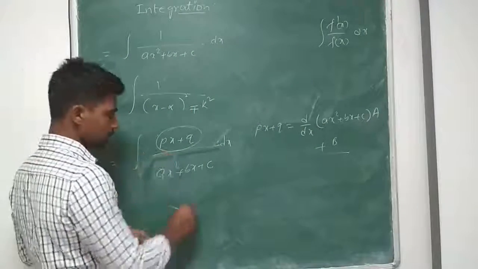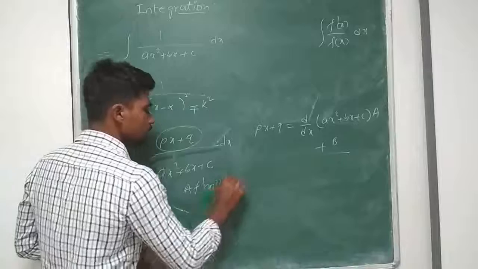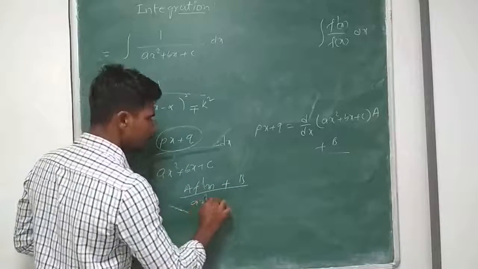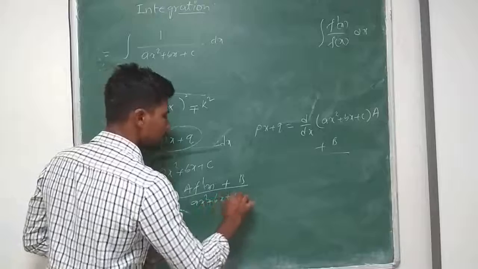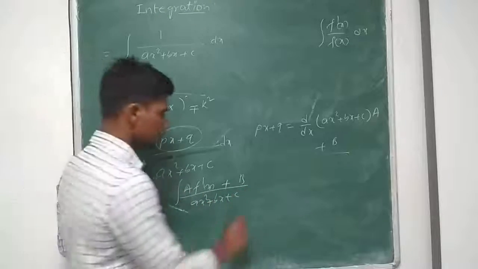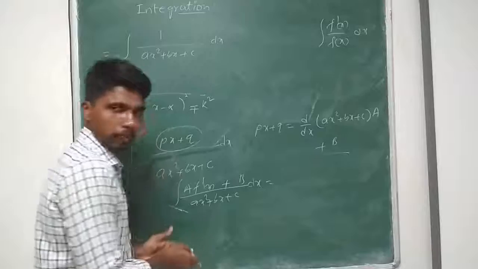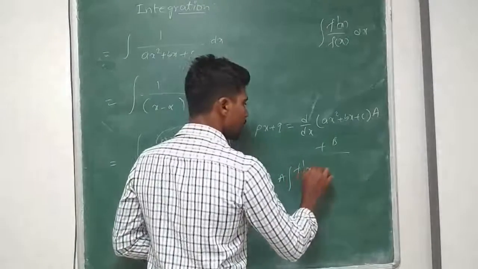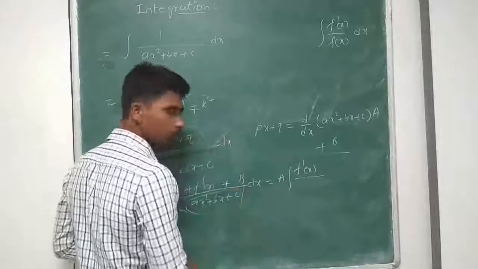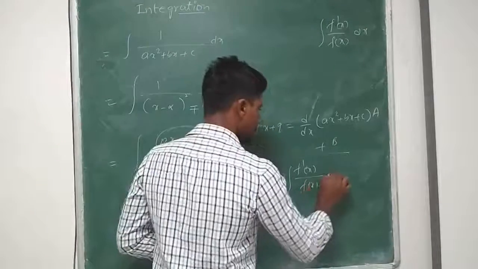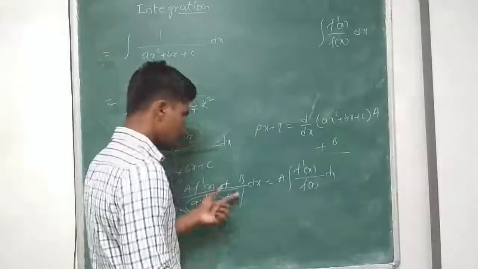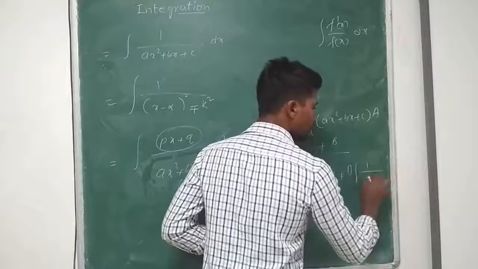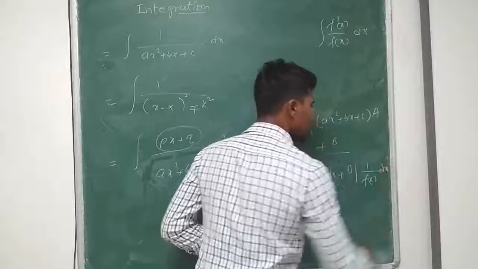This can be rewritten as (a into f dash of x plus b) whole divided by (ax square plus bx plus c) dx. Now this we can split like a into integral f dash of x by f of x dx, plus integral of b, which is a constant, taken outside, 1 by f of x dx.